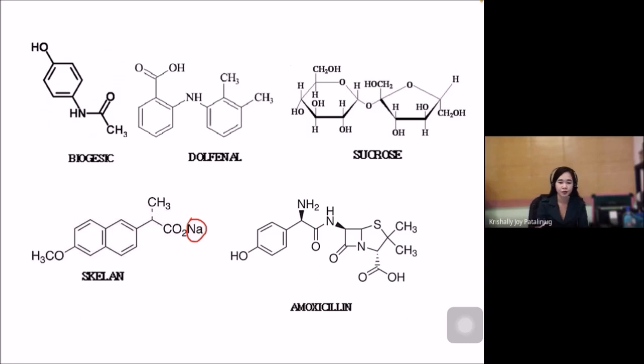Second year na kayo next school year, di ba? All about medicinal yung mga aaralin ninyo. So, before you enroll in that, you don't need to be an expert, but at least you know the basics about organic chemistry.